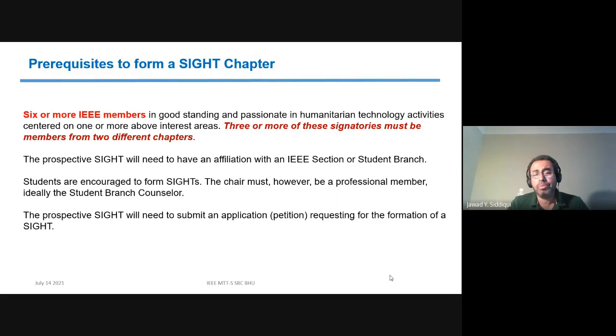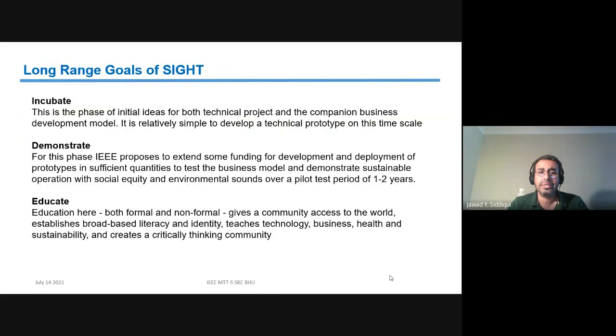Ideally, the student branch counselor or a faculty advisor is encouraged to become the chair. The prospective SIGHT chapter will need to submit an application or petition requesting the formation of the group.